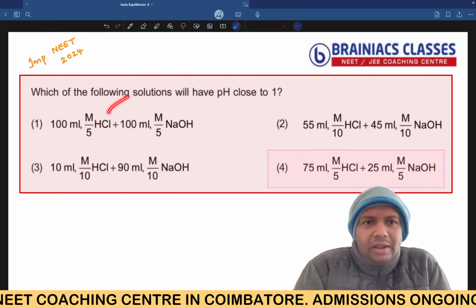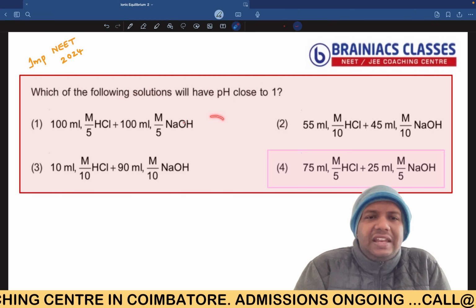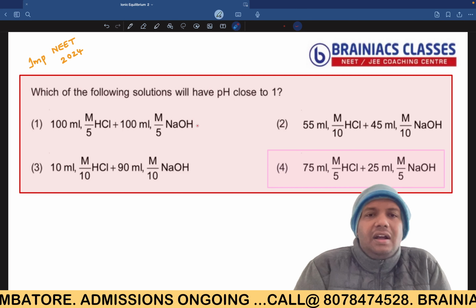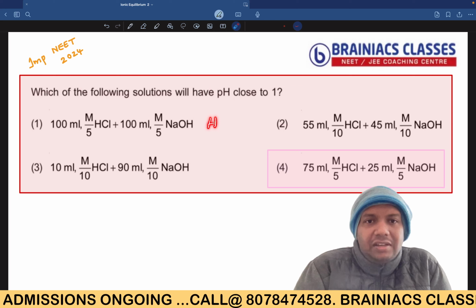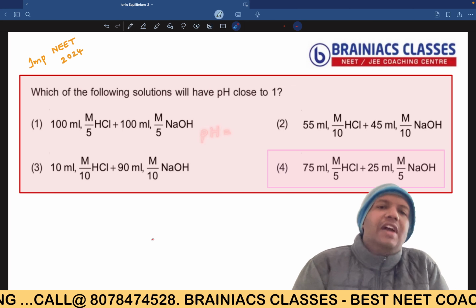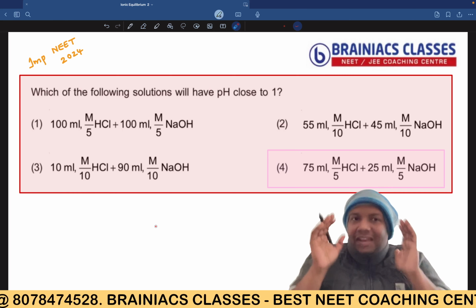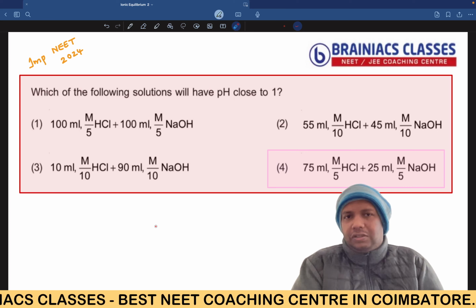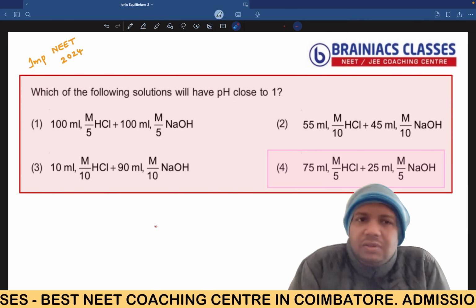So we need to check whether the entire solution is acidic or basic, then calculate the H plus ion concentration, then calculate the pH. A student should know the entire thing if he needs to answer this question. That's why this question is very important.